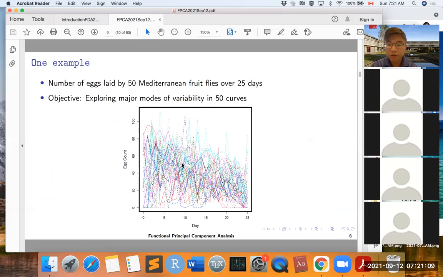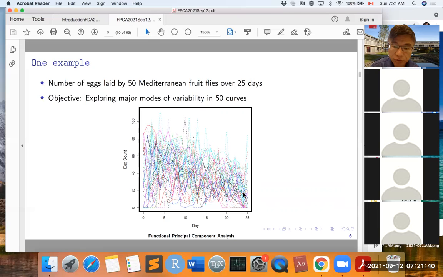The reason is that if you look at the curves vertically, you can see that these 50 curves have the largest variation around day 5, right? And the variation among these 50 curves is lowest around day 25. The reason is that the fruit flies decay over time.